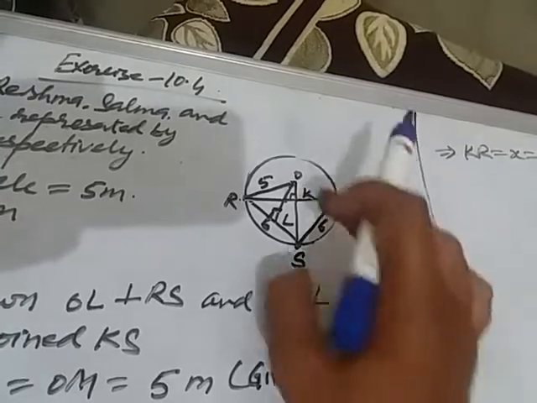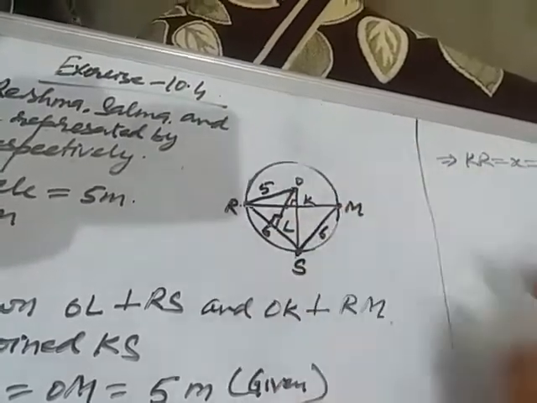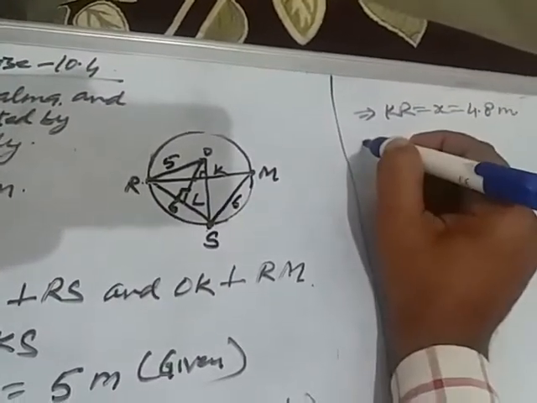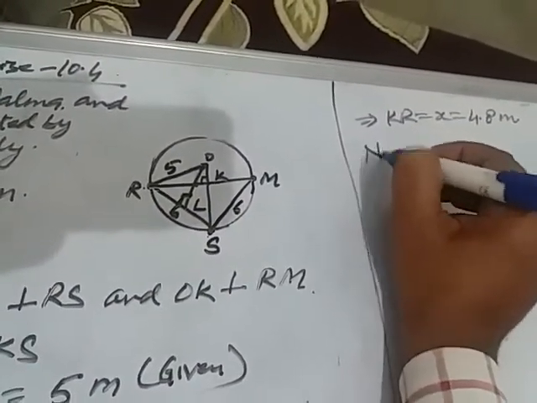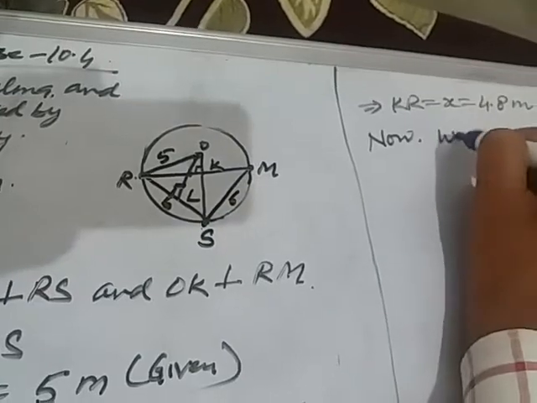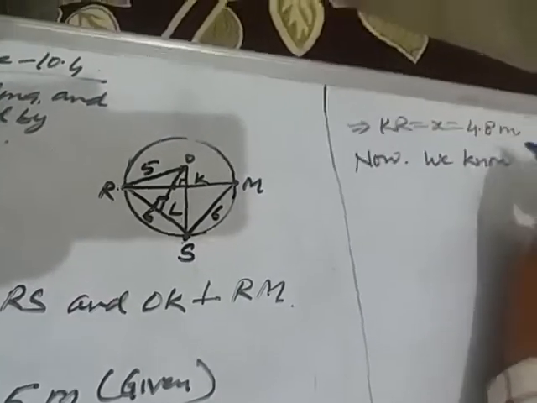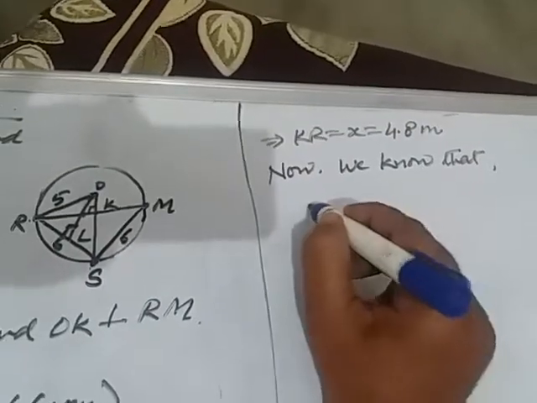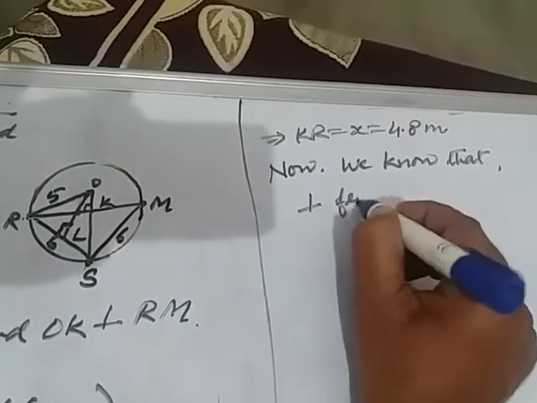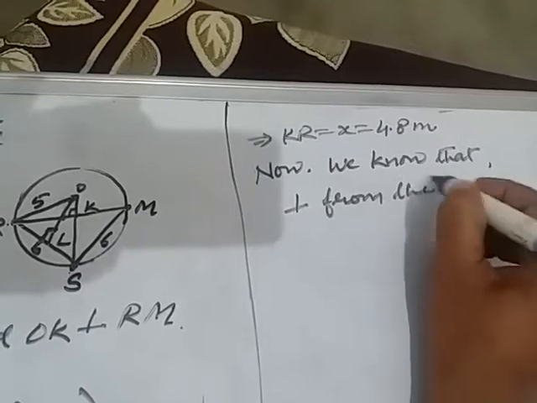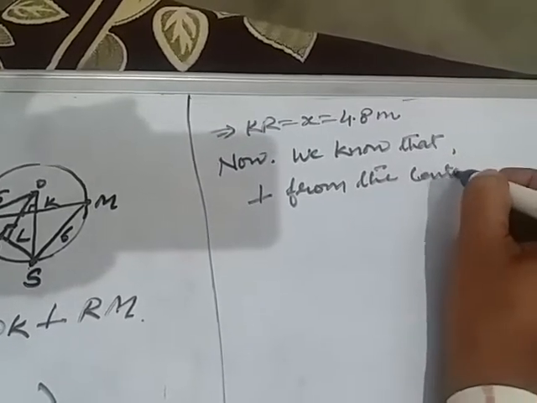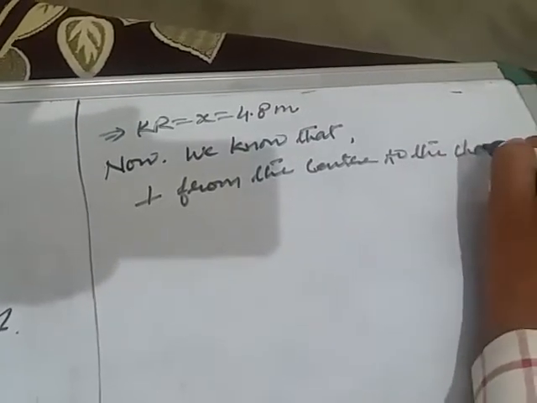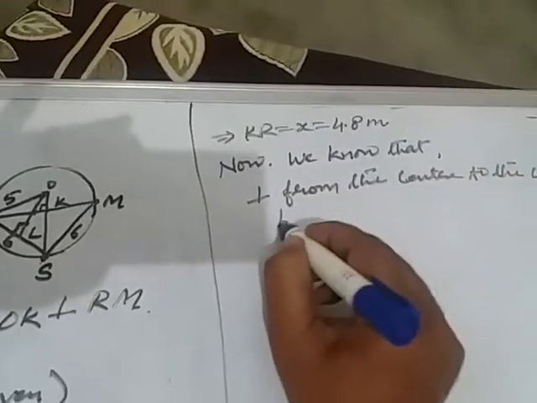Clear, children? Notice that, actually in construction, since the circle was smaller, now we know that the perpendicular from the center to the chord bisects the chord.